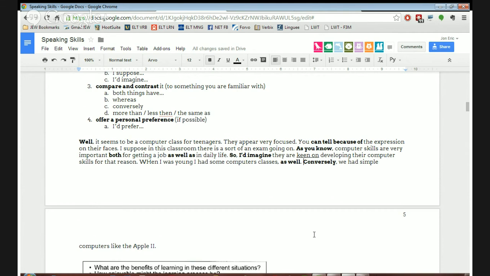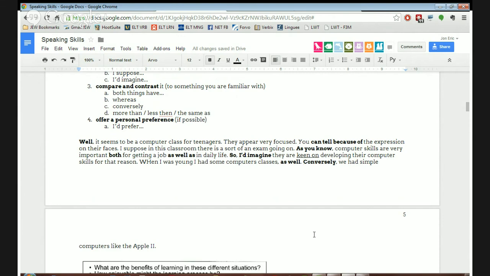It means the same as the word but. It's the contrast. So what can you say about those kids in the photo that's different than what you were doing with an Apple II? Or what can you say about kids nowadays in computer classes that's different from back then with the Apple II? We've got to make a statement before conversely, Luo.